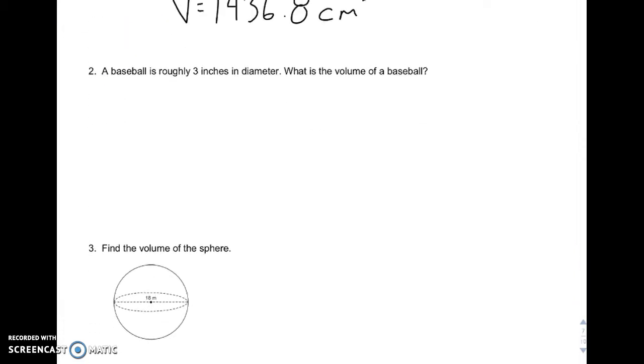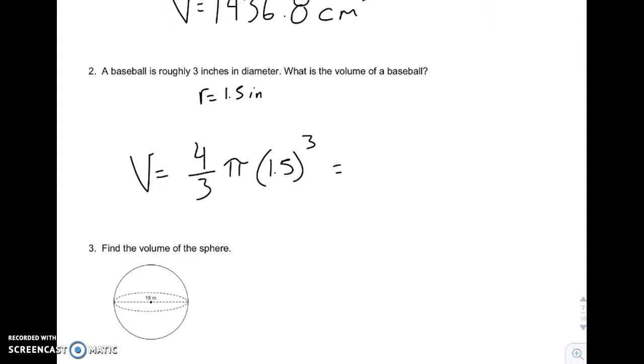A baseball is roughly 3 inches in diameter. Anytime you have a diameter, immediately halve it for the radius. What is the volume of the baseball? All right, well, volume equals 4/3 pi r, so 1.5 to the third. Plug it into your calculator.